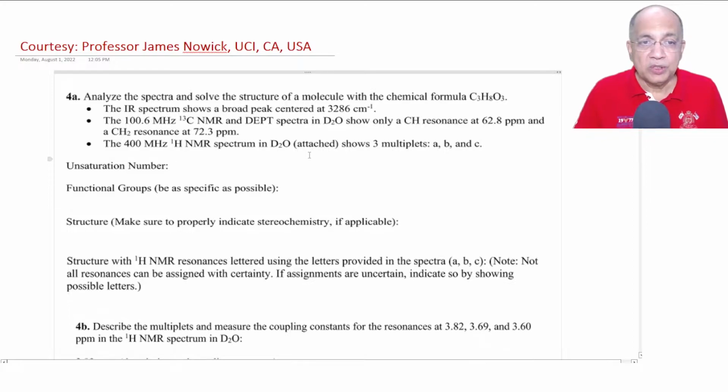And now the 400 megahertz proton NMR, because the carbon 13 equivalent is nearly 4 times less in resonance conditions. So the 400 megahertz proton NMR in D2O is attached. It only contains 3 multiplets, A, B, C. I will show you, don't worry.